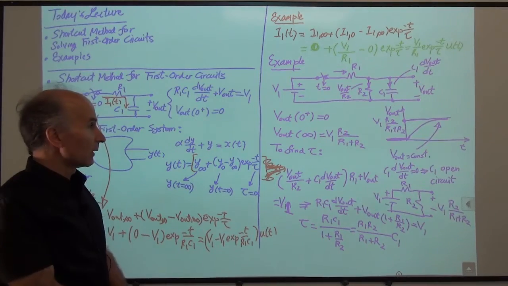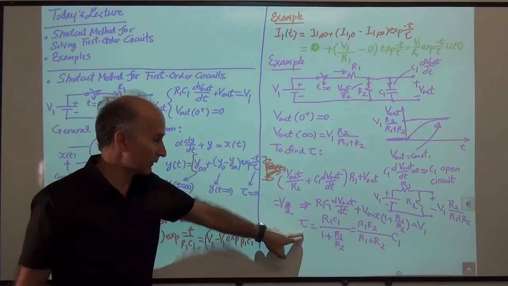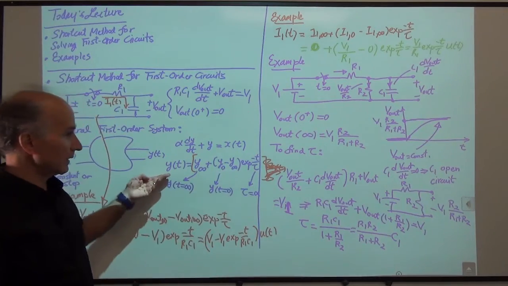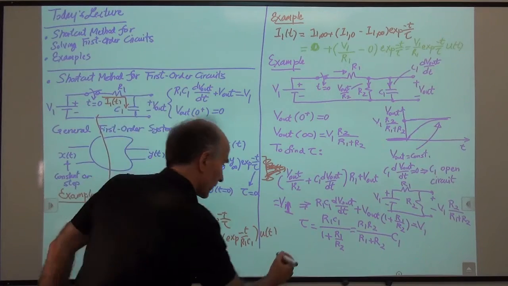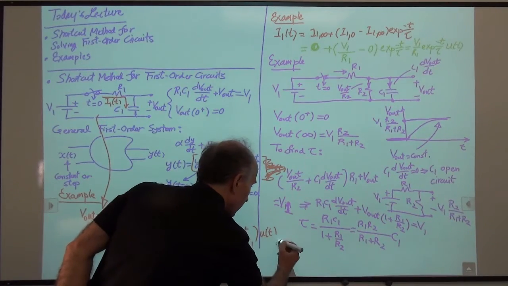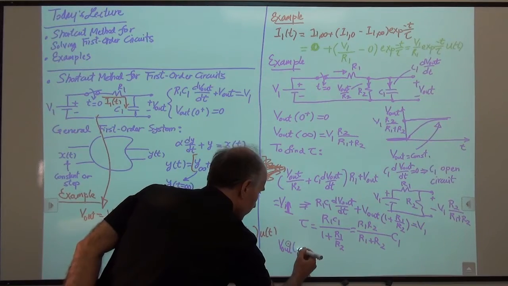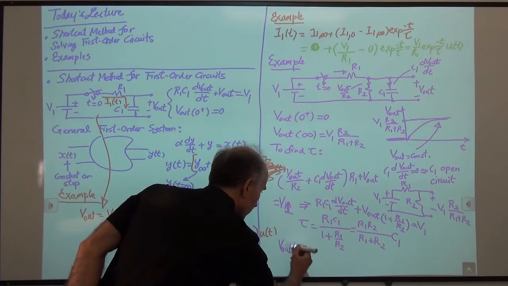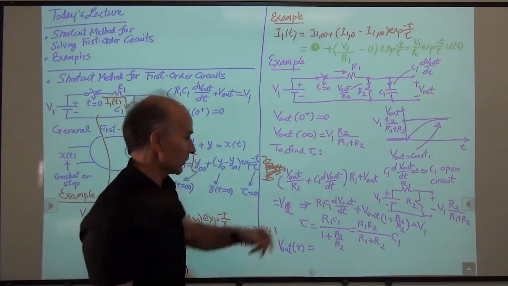All right, so we have found the voltage at time 0 and at time infinity. We have found the time constant. We can plug everything in here to find the output voltage as a function of time. So we have V out as a function of time is equal to V infinity, which is this much.